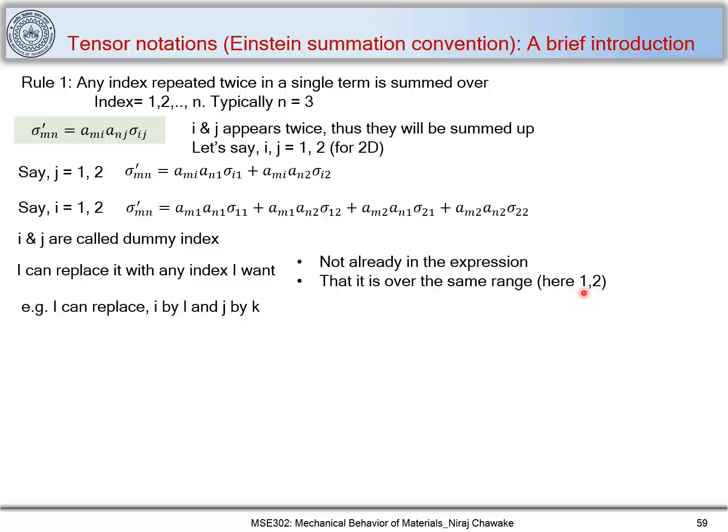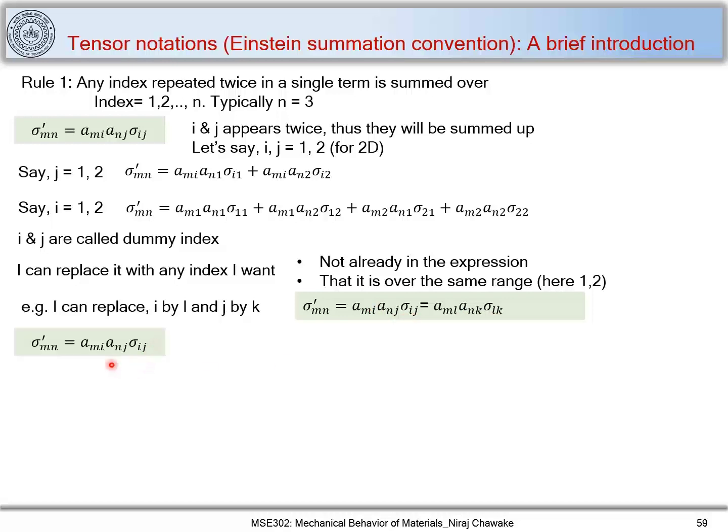They also should vary from 1 to 2, so they should have the same range as that of i and j. So in principle, I can write, so this represents one and the same relation, a_mi a_nj sigma_ij is equal to a_ml a_nk sigma_lk. So what I did here is that I represented i by l and j by k.